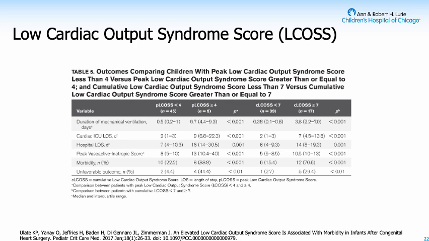And this is just the data from that paper, small number of patients, but showing that a peak low cardiac output score greater or equal to 4 and a cumulative greater or equal to 7 was associated with much higher duration of mechanical ventilation, cardiac output and hospital length of stay, and morbidity and unfavorable outcome.